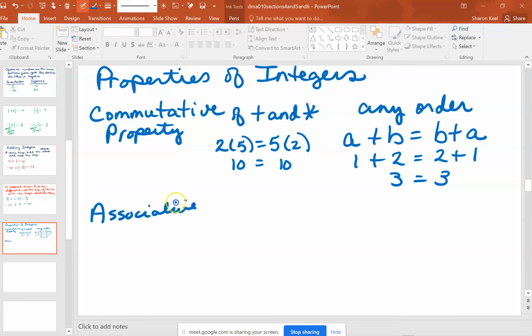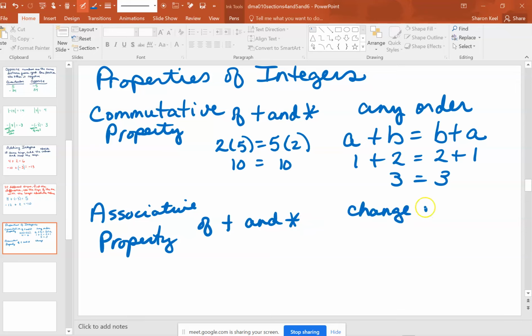The associative property, and this again is of addition and multiplication, means that you can shift the parentheses. You can change your grouping and still have the same answer.